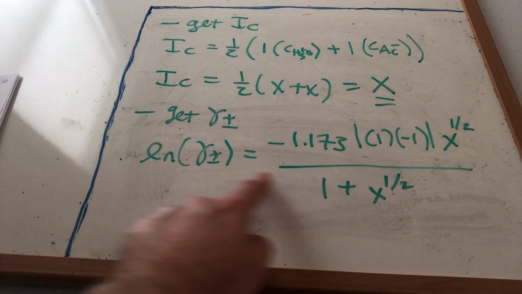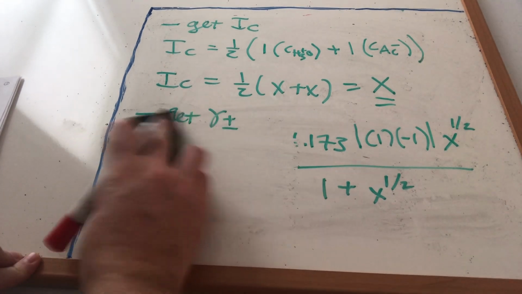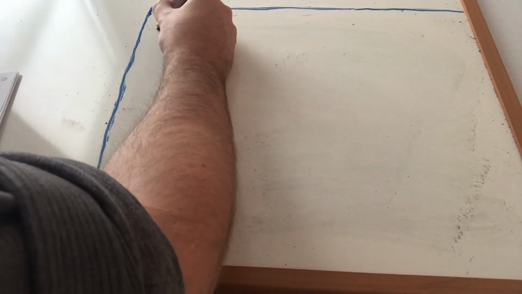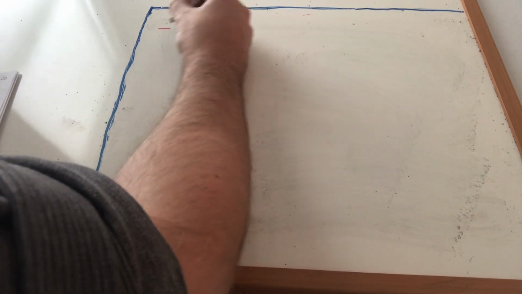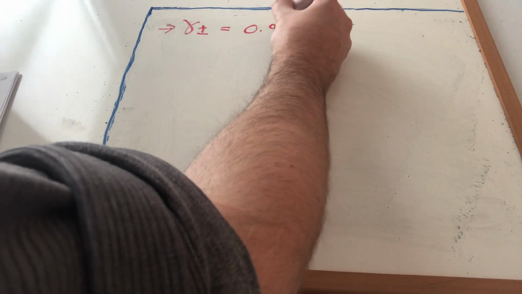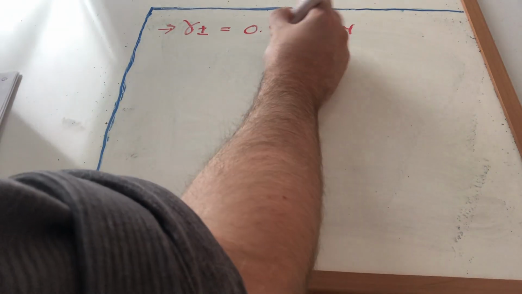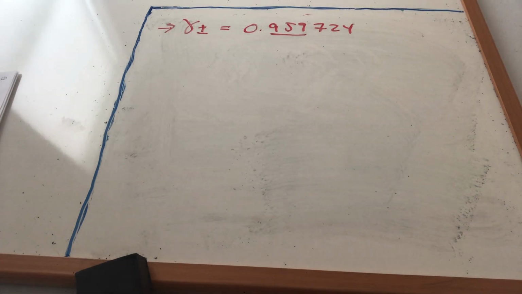We're going to have to use an E to get rid of this natural log, but when you do that math, and because you're going to be doing this for homework and for your quiz, just make sure that you practice doing this. What I get for my gamma plus minus for this problem is 0.959724 via the Huckel theory.